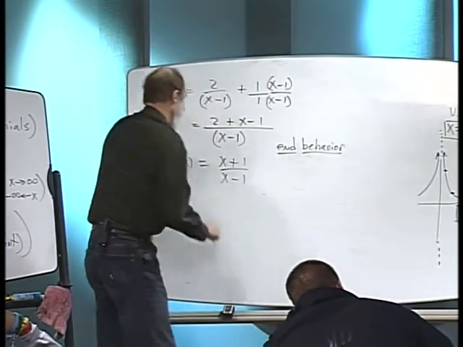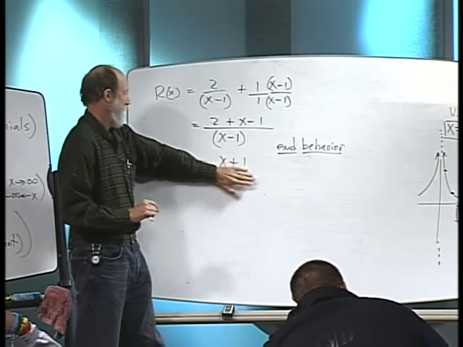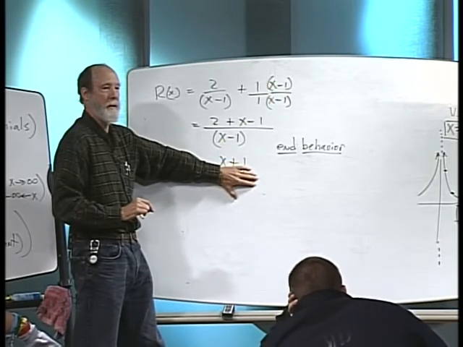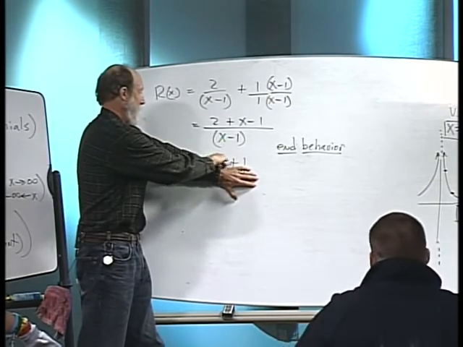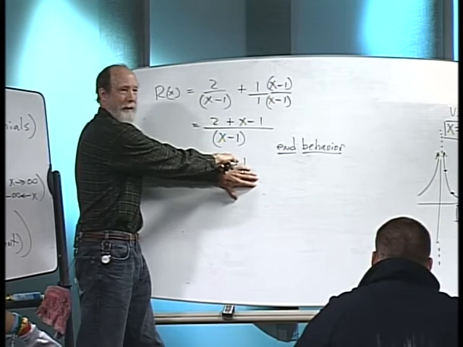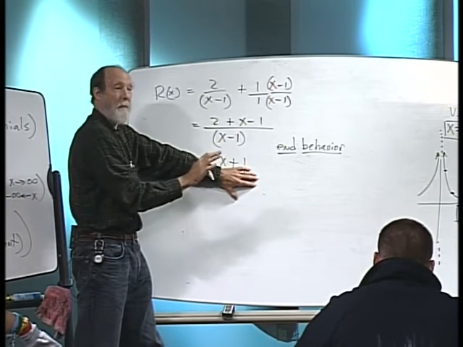How do we examine end behavior? What dominates the numerator? X or the 1? If x is big, does 1 make much difference to it by adding 1? No. So that's what we mean by end behavior.